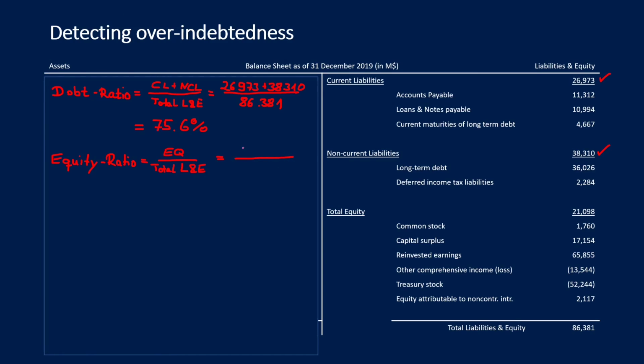So here we divide 21,098, check mark this, and of course those 86,381. And that will give an equity ratio of 24.4%.